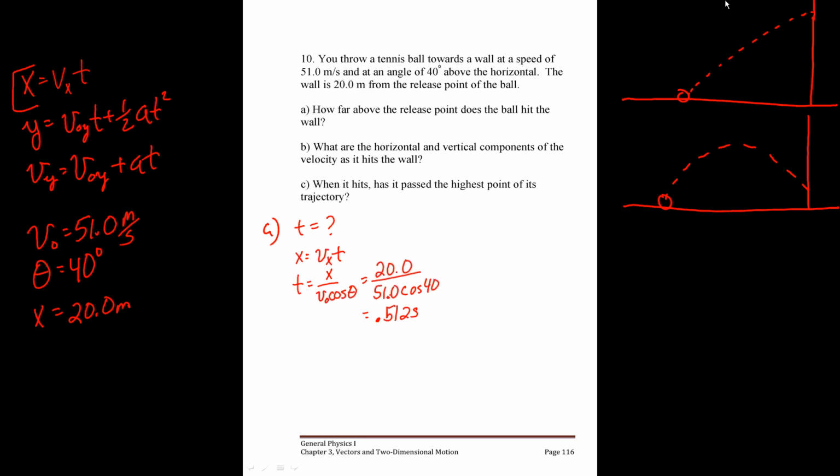So I want to know what is y at this time. This is really the answer for part A. y is equal to V0y t plus 1/2 a_y t squared. That is 51 sine of 40 times t, plus 1/2 times minus 9.8 times 0.512 squared.